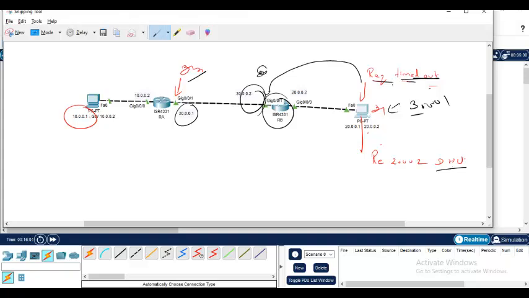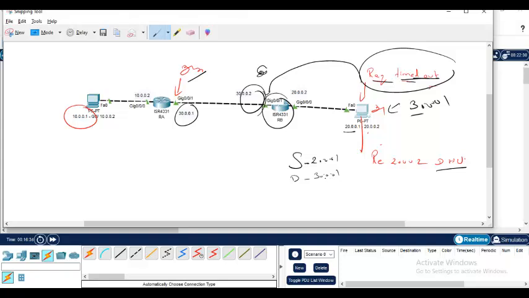When you ping from this PC, tell me what is the source IP address? When you're pinging, what is the destination IP? The destination IP is 30001, not the gateway IP. You're pinging the 30001 IP address.